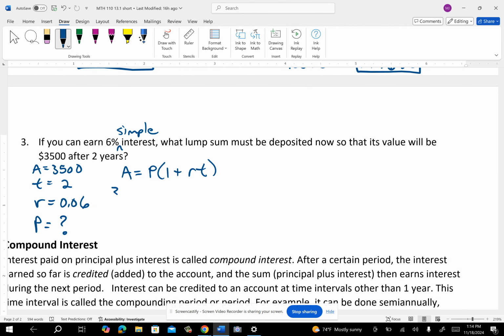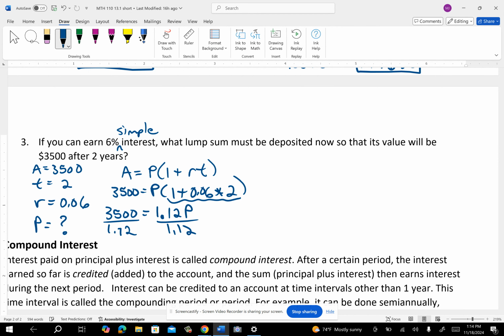Still putting the 3,500 in for A, and putting in the 0.06 for the R and the 2 for T. But then I could work out that 1 plus 0.06 times 2, and I would get 1.12, with the P times 1.12 equaling that 3,500. Then what I could do is divide by that 1.12 on both sides, and that would get the P by itself.